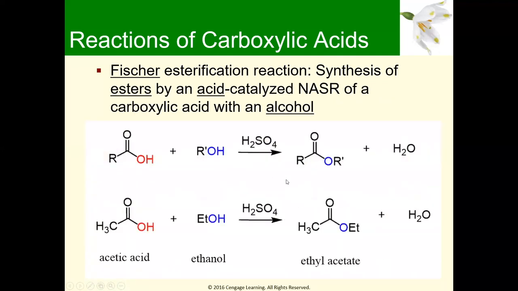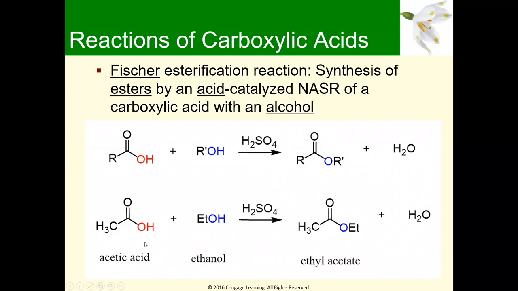Okay, so this is what I expect you to know, all right? Know the generic reaction. You have a carboxylic acid reacted with an alcohol with an acid catalyst. Remember that H2SO4 is a strong acid. And what you get is an ester and a byproduct of water. That's the generic reaction. Here's a specific one.